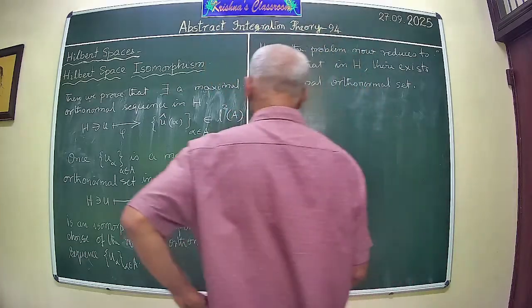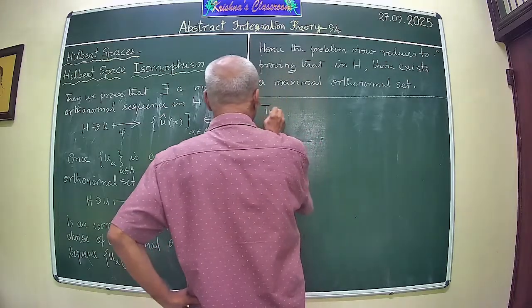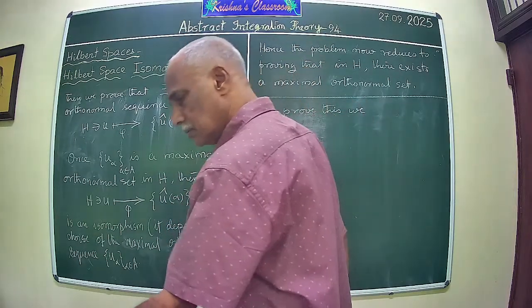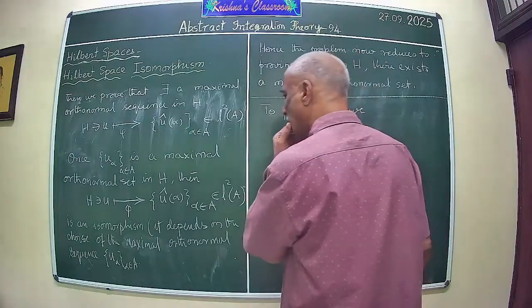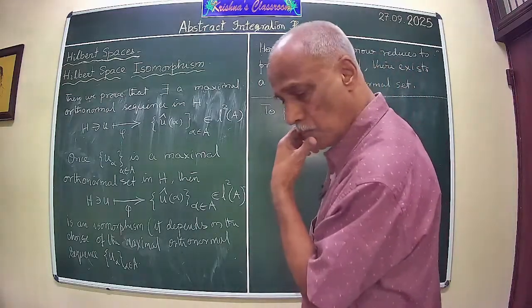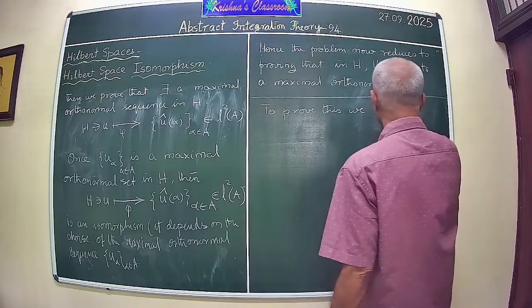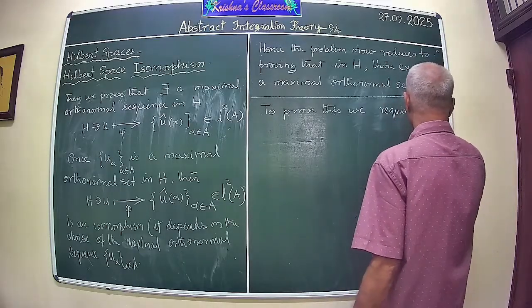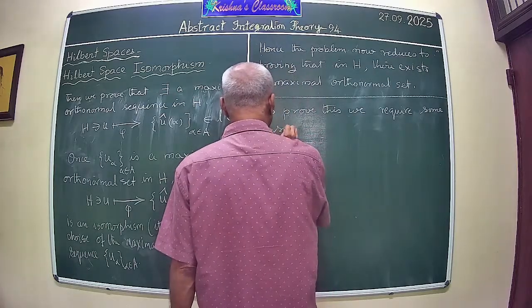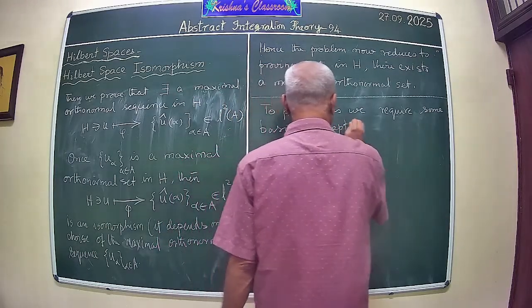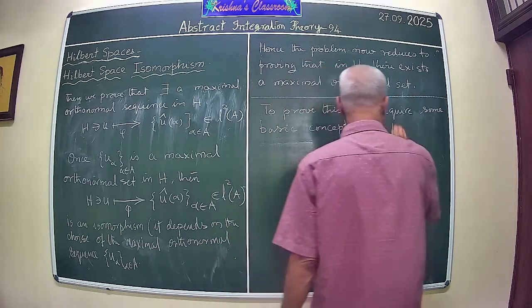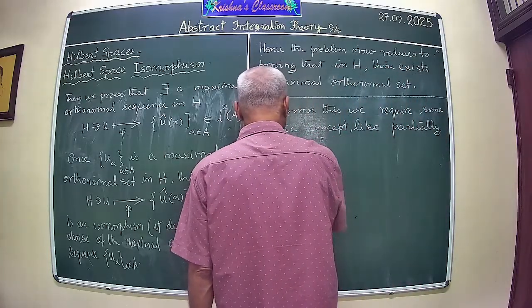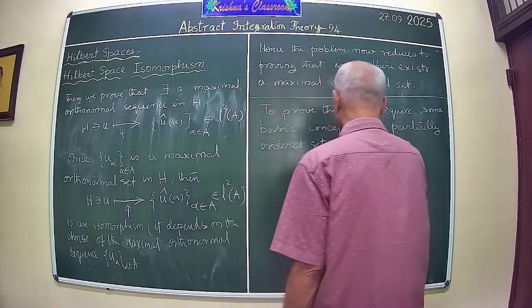Now to prove this, we require some basic results on partially ordered sets and totally ordered sets.